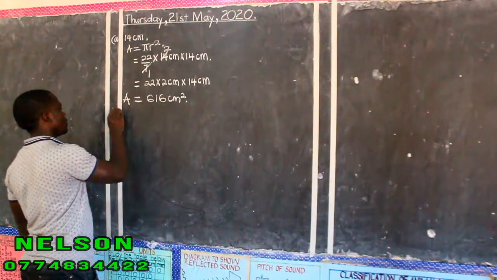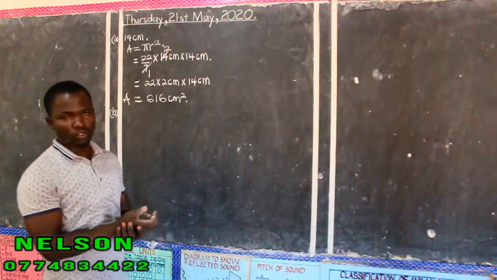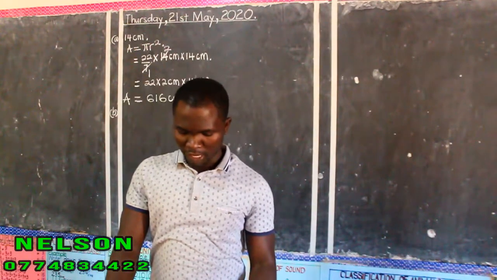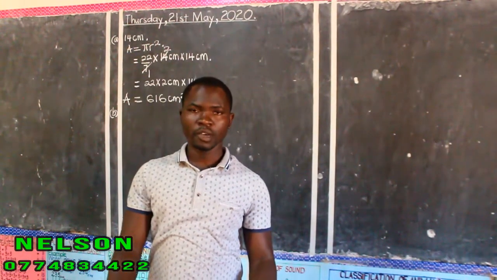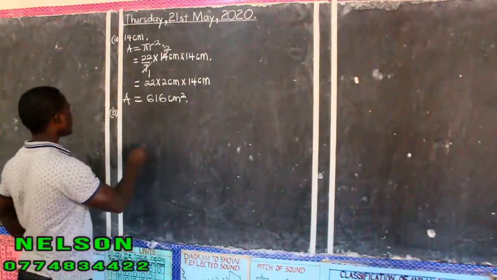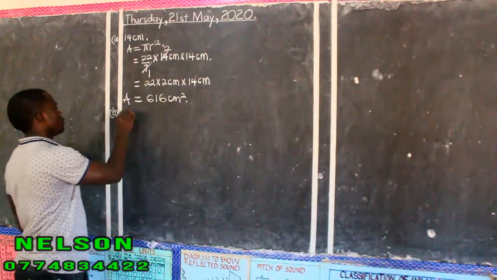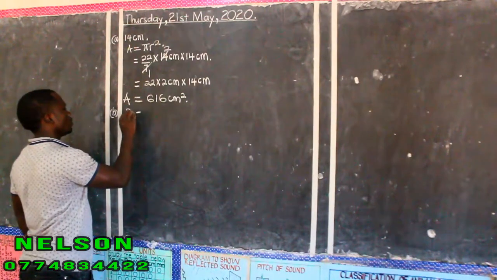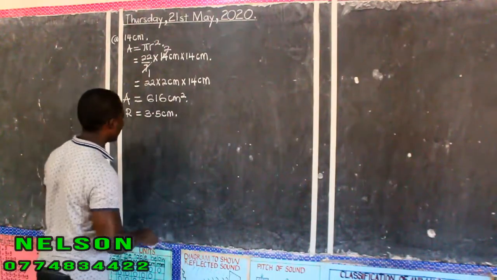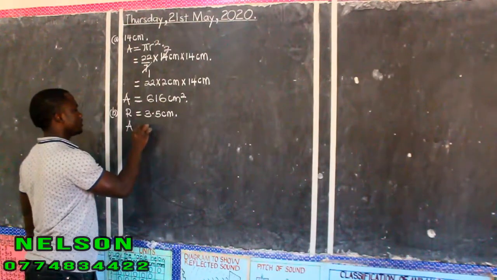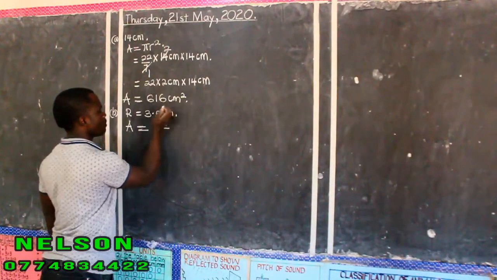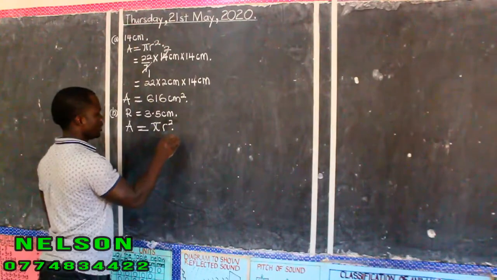Question 1B. We shall not correct all; we shall look at 2 numbers in number 1. Number 1B, we had a radius of 3.5 centimeters, and the question was asking for the area, whereby we say area equals pi r squared.